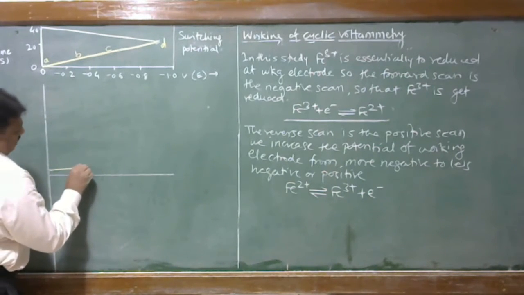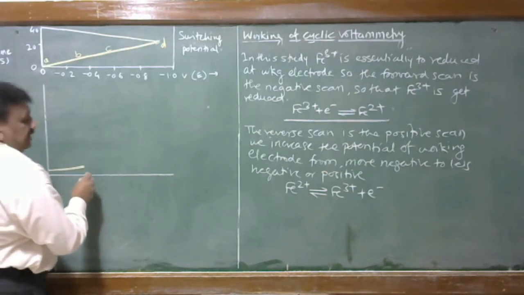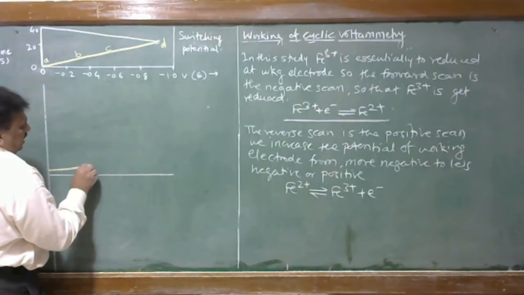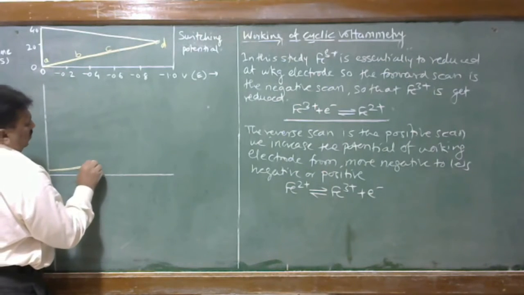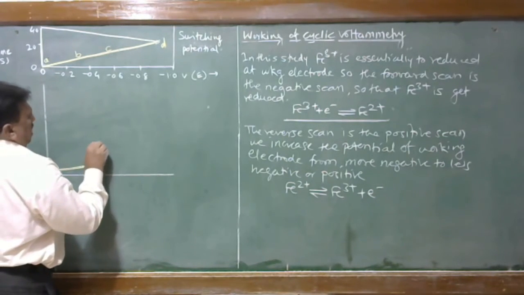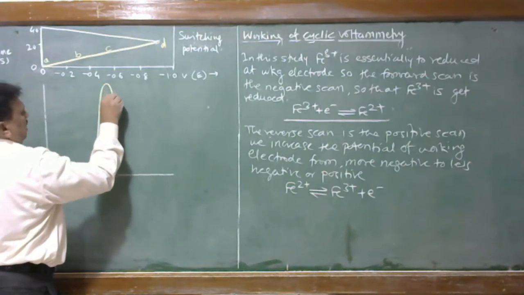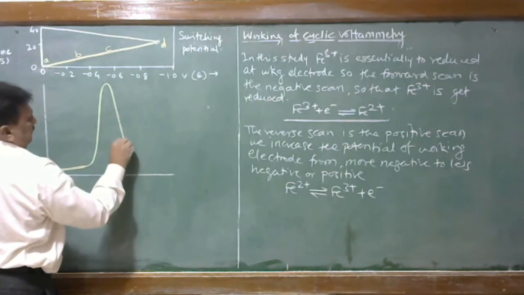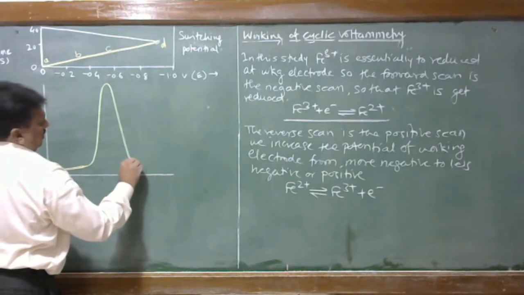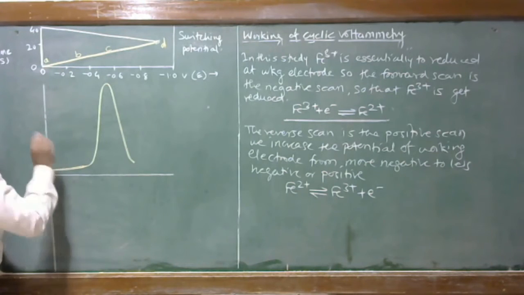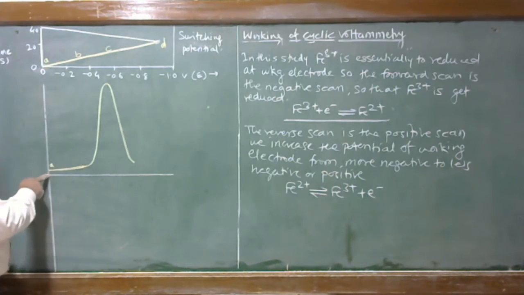That is similar to the residual current in polarography. When this potential reaches the decomposition potential, after that we can observe the current flowing through the circuit. Then here at this point A, initially potential is 0.